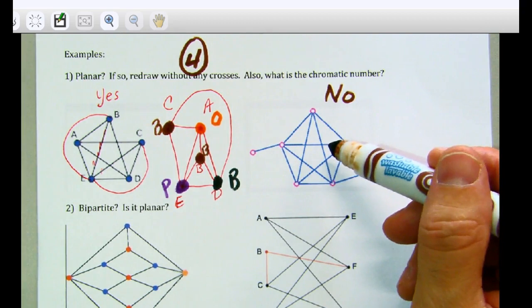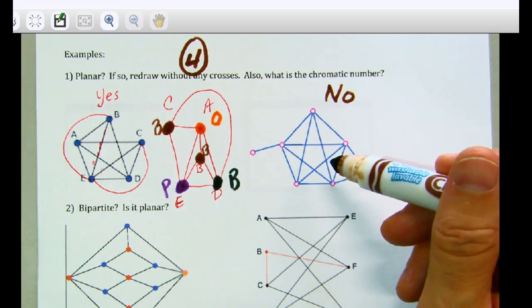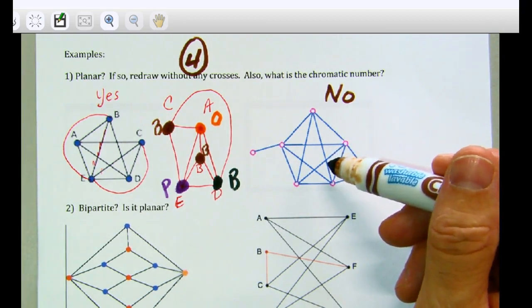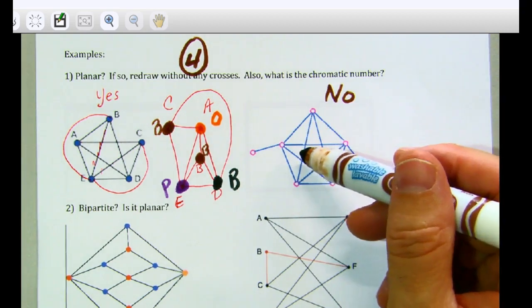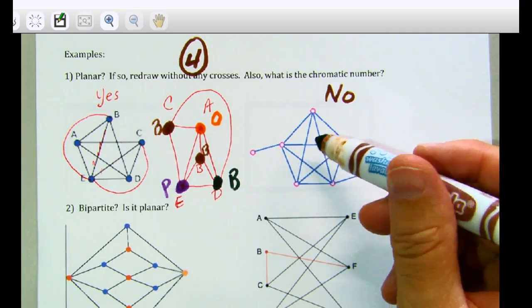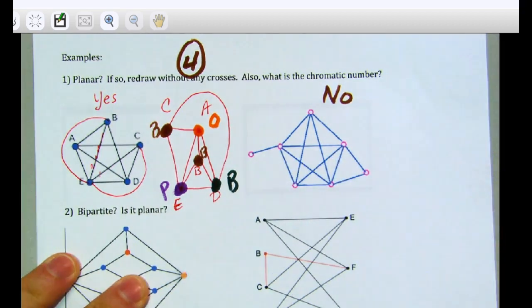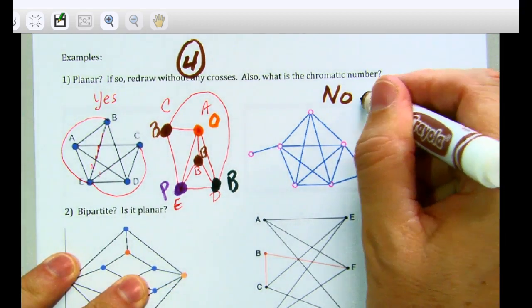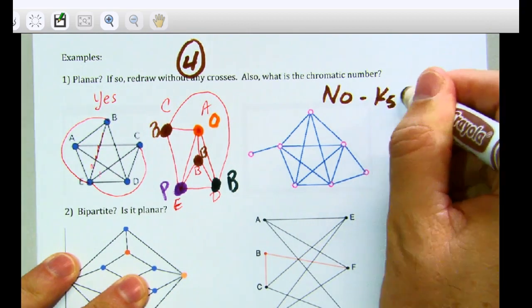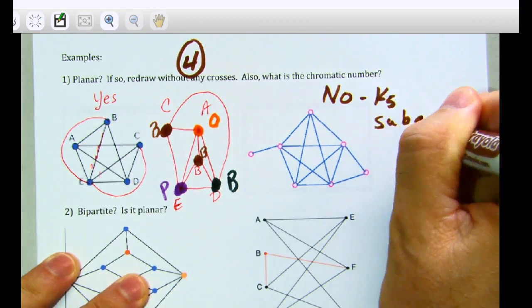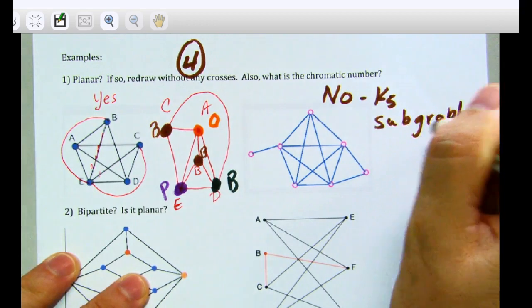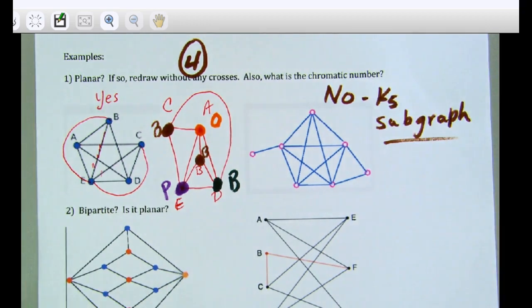Remember that we said if we had a K5 subgraph, then we could not have that be planar. Anything that has a K5, I can't make this planar. So adding things in, I can't make that planar either. And so this is a K5 subgraph. If it has a K5 subgraph, it is not planar.